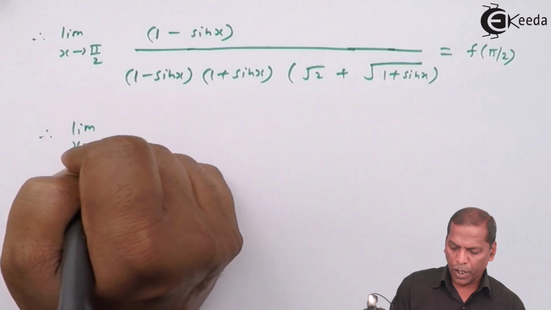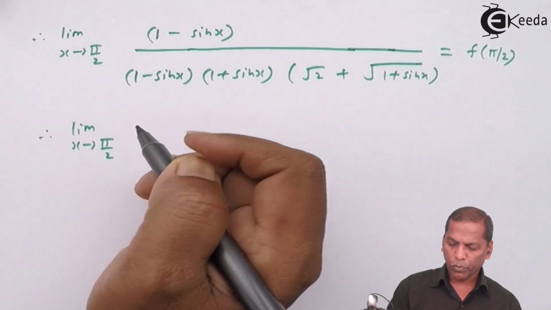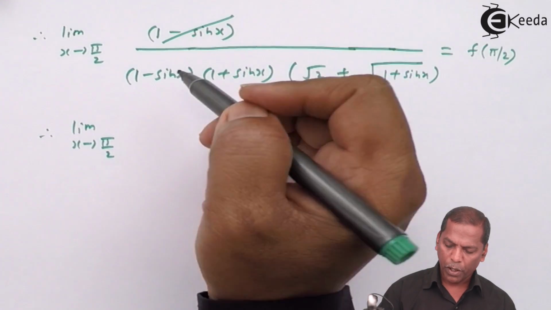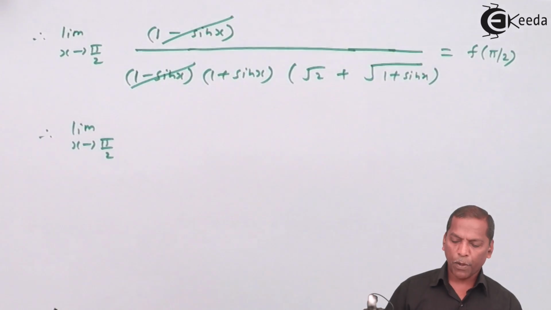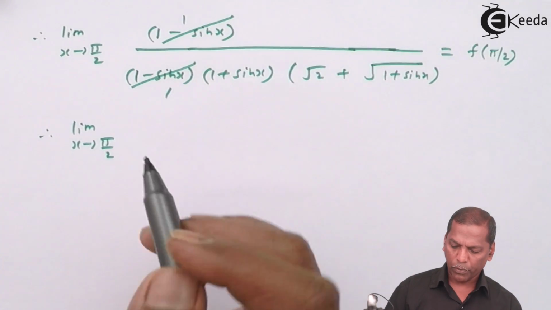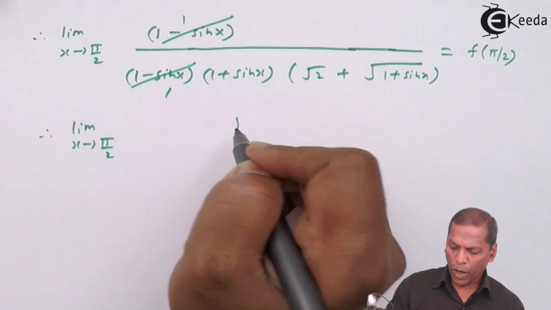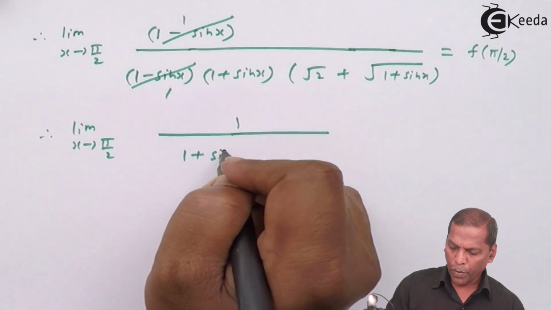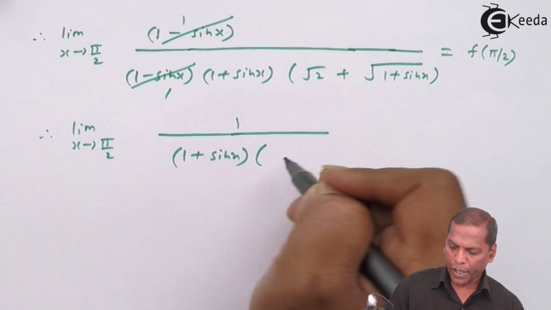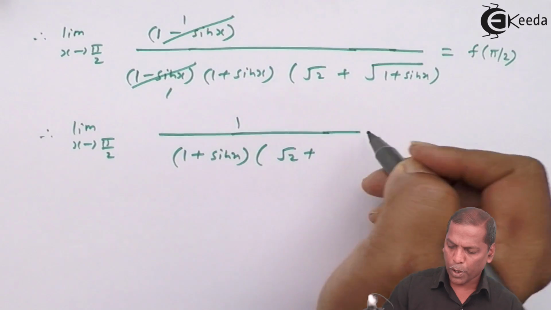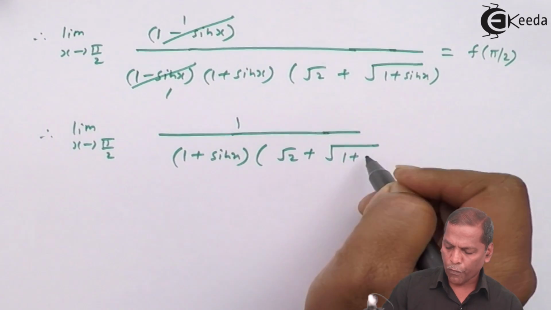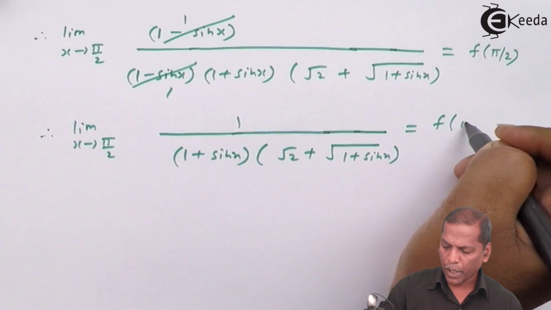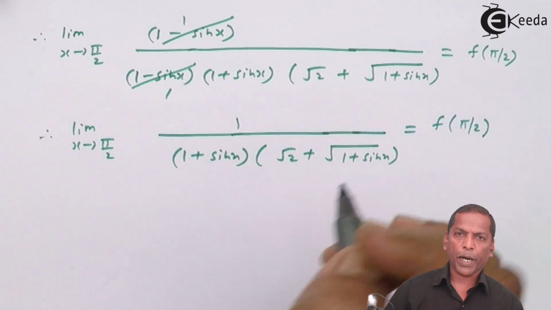Therefore, limit x tends to pi by 2. Now here we cancel 1 minus sin x from the numerator and 1 minus sin x from the denominator. So we are left with 1 upon 1 plus sin x in the first bracket into root 2 plus square root of 1 plus sin x in the second bracket, and that is equal to f of pi by 2.